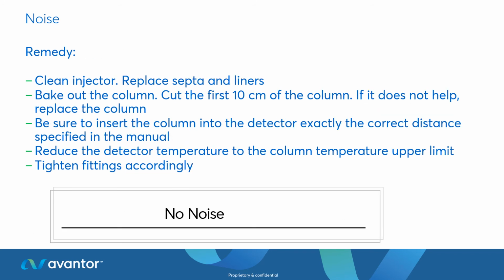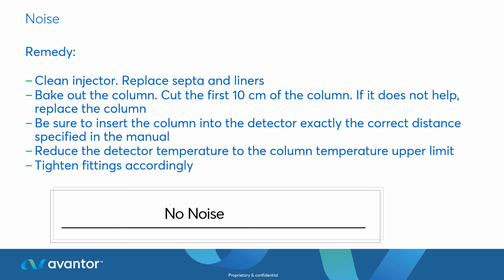And the way we'd remedy them is first looking to clean the injector by replacing the septa and liners. We could look at baking out the column, and we'll talk about how to do that later. Potentially look to cut the first 10 centimeters of the column off. If that doesn't work, instead of cutting 10 centimeters off again and again and eventually ending up with no column, look to replace the column.